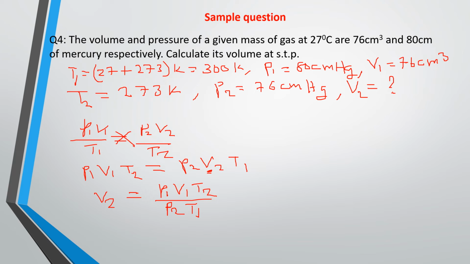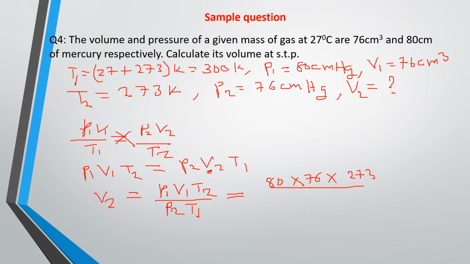Okay, so having gotten this, what you need to do next is just to substitute the values that you have already into this particular equation. So you have P1 is 80 centimeter of mercury multiplied by V1, which is 76 centimeter cube, multiplied by T2, which is 273 Kelvin.